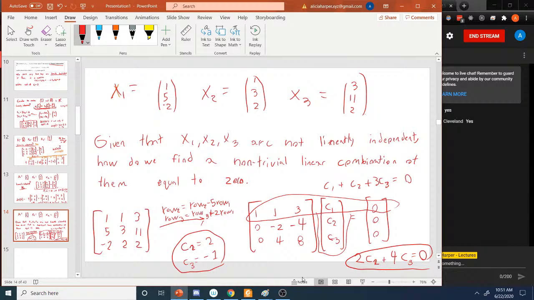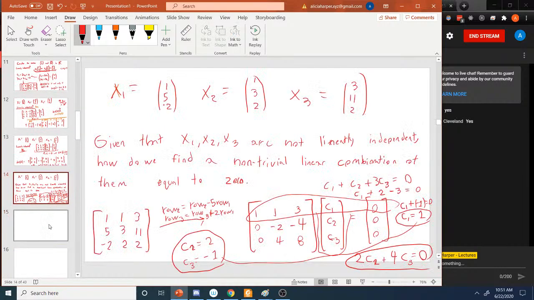Now I've chosen C2 and C3, so I have to have C1 plus 2 minus 3 is equal to 0, which means C1 plus negative 1 has to be equal to 0, which means C1 has to be equal to positive 1. So now I've actually found a non-trivial solution to this linear system.